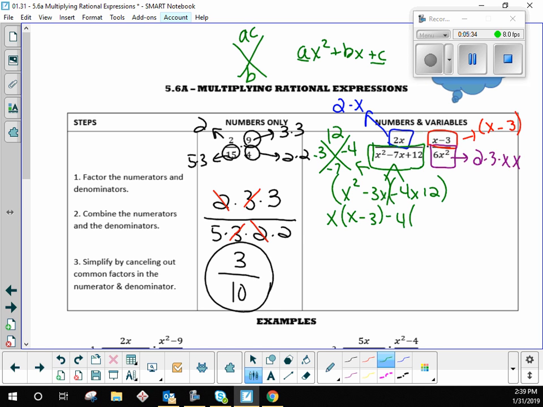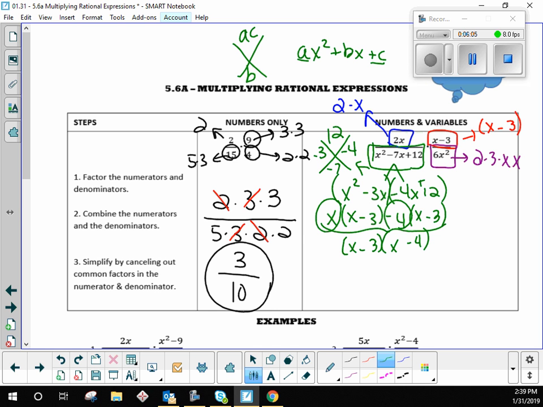So what's left over if I'm dividing out negative 4? Minus 3. Because I'm really taking that positive 12 and dividing out a negative 4. Okay. So now what does all of this have in common? x minus 3, and the leftovers are x and minus 4.